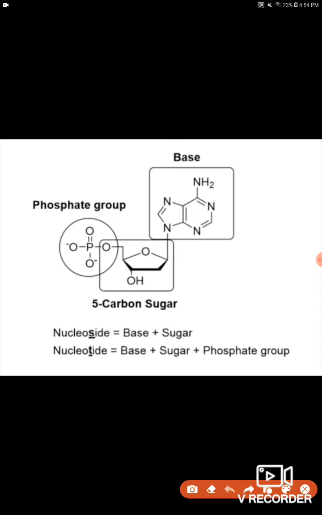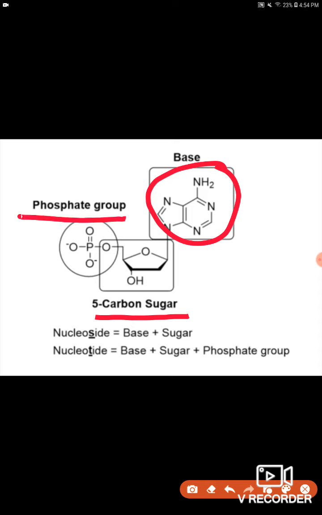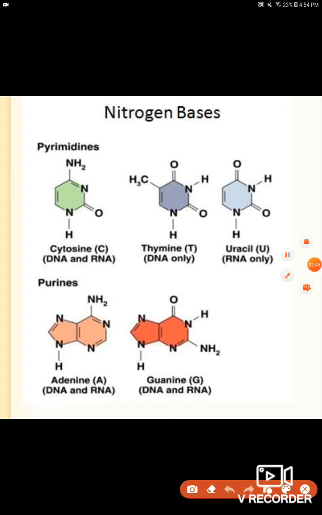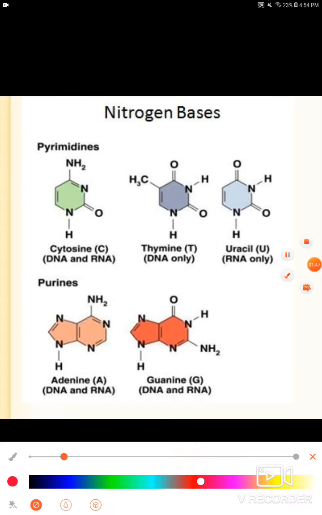Now what is a nucleotide? A nucleotide comprises 3 units. First is the nitrogen base. Second is the 5 carbon ribose, that is the pentose sugar, and the third is the phosphate group. Nitrogen bases: there are 2 kinds of nitrogen bases, purines and pyrimidines.